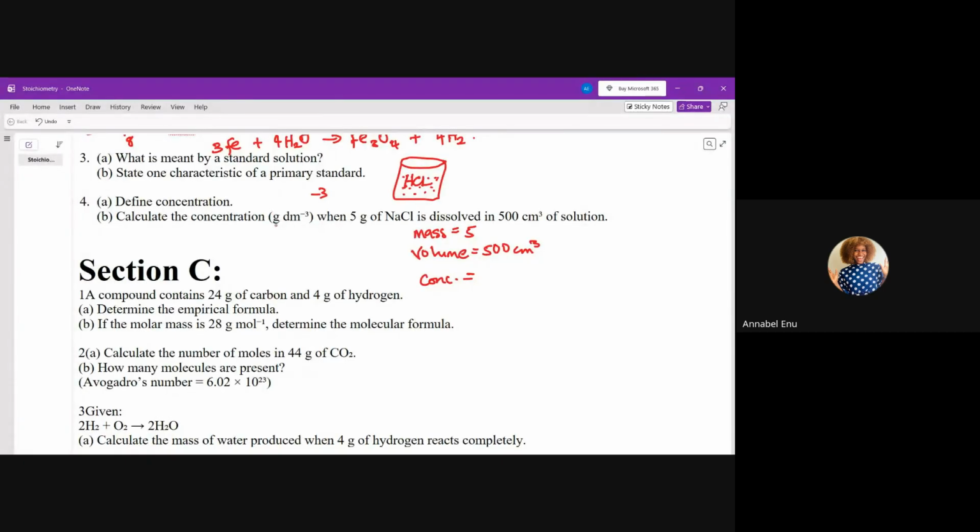So this gram per dm cube is the same thing as gram over dm cube, where gram is mass and dm cube is volume. So now the formula for concentration is mass divided by volume.